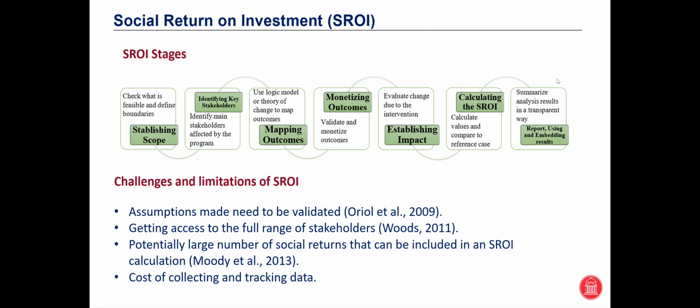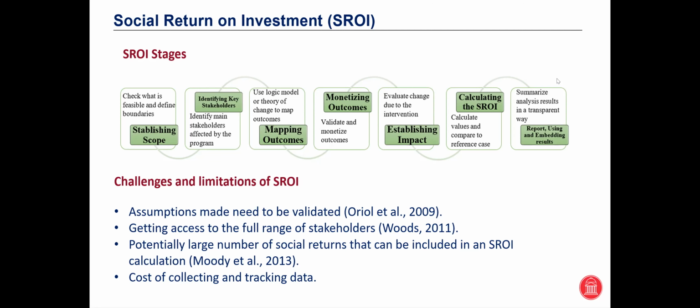So based on the scope of the paper, only key stakeholders should be considered in analysis, and outcomes need to be mapped based on those, and the outcomes need to be monetized for an SROI, and impacts need to be established, and we can calculate the SROI and report the results based on those.